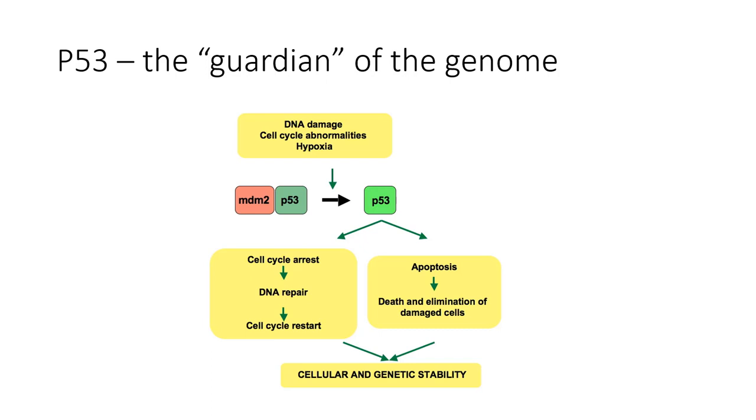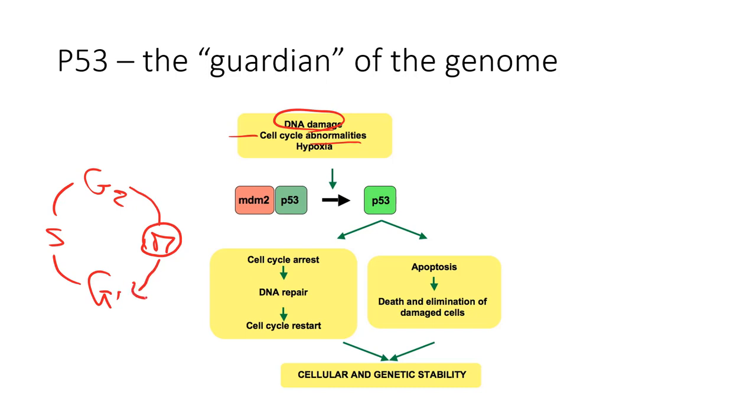So when the cell starts to accumulate DNA damage, as seen here, or other types of cell cycle abnormalities. So remember that the cell cycle is highly regulated when cells go from G1 to S, and then they go to G2, and then eventually go to mitosis, all the phases of mitosis, right?